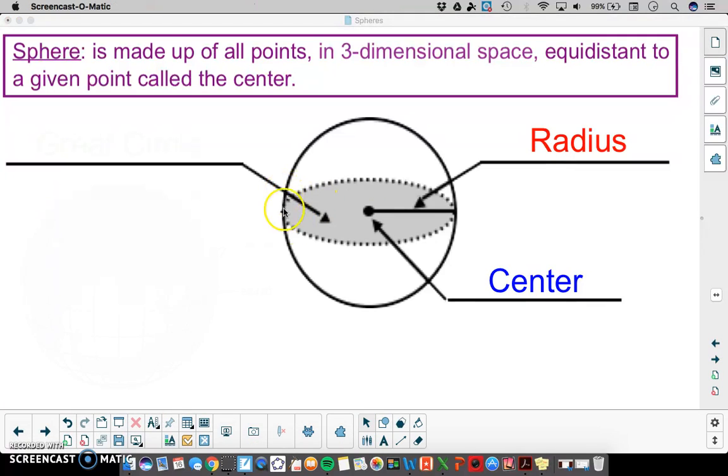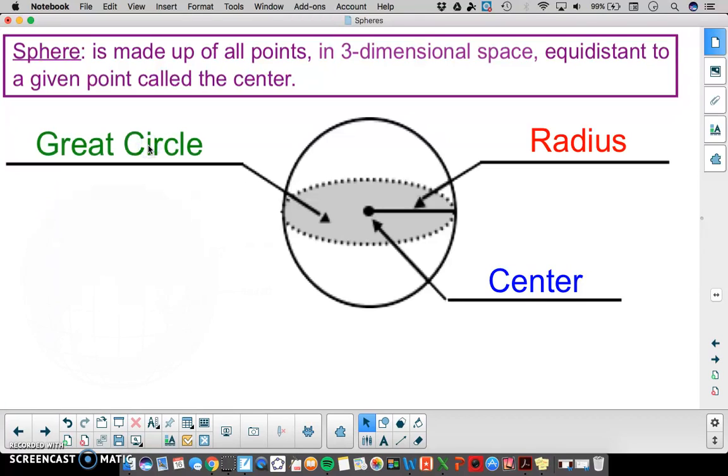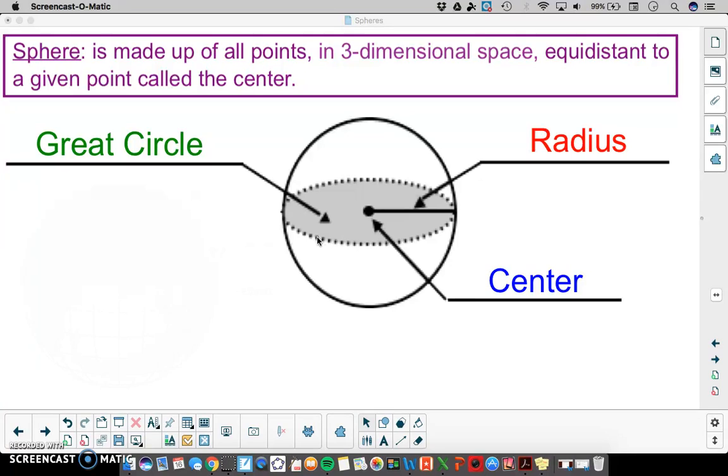A circle on the surface of a sphere that has the same center and radius as the sphere itself is what's called a great circle. In spherical geometry, great circles are actually lines on the surface of a sphere.